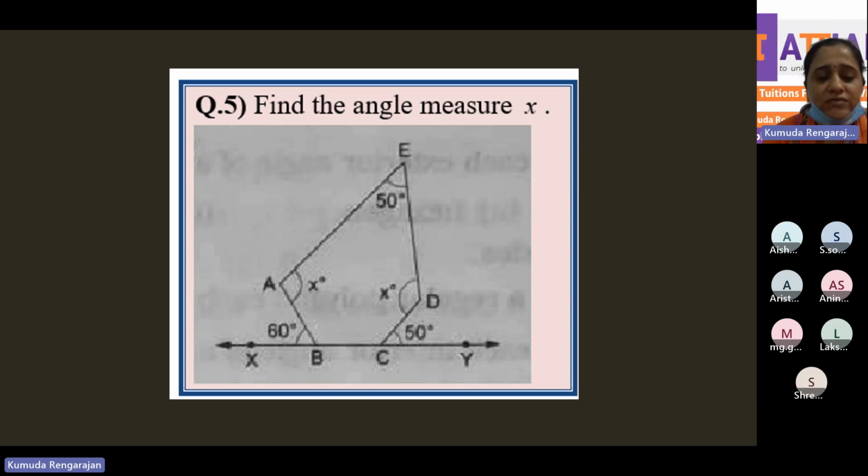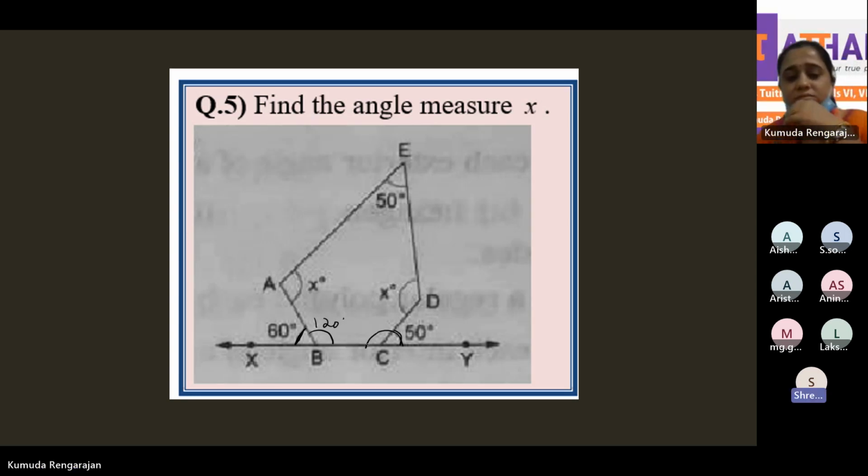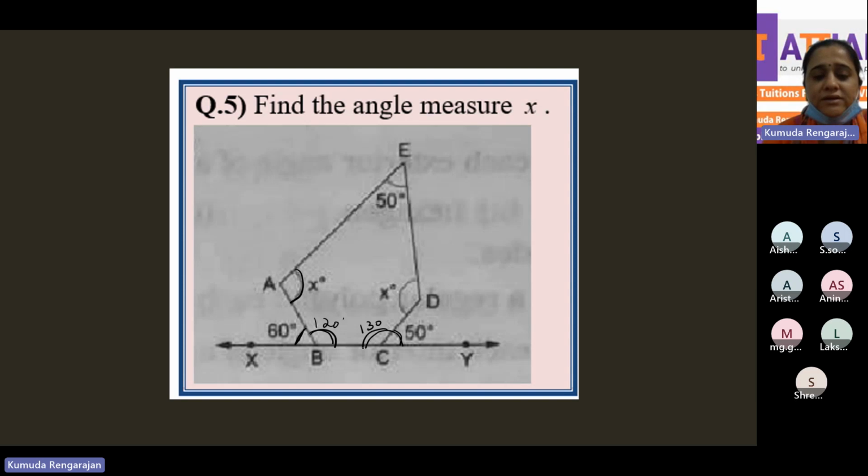Okay. Now, children, if this is 60, how much is this? 120. If this is 50, what about this? 130. Now, x plus 120 plus 130 plus x plus 50 is equal to 540.